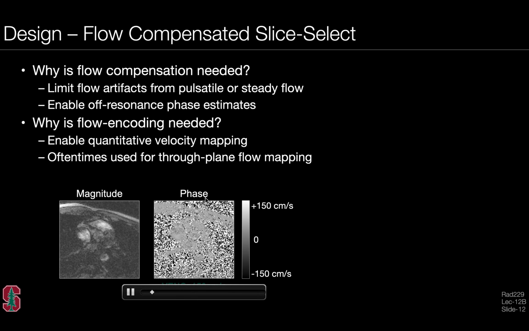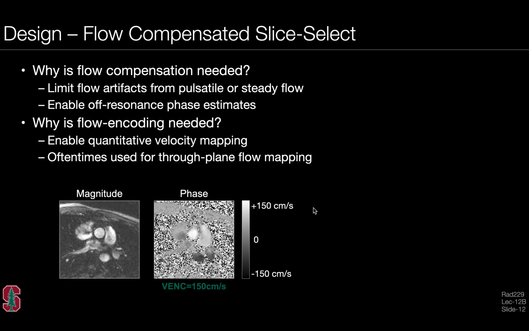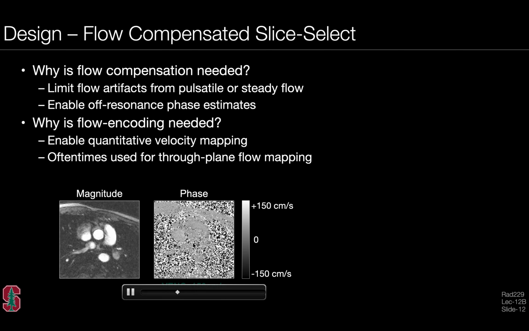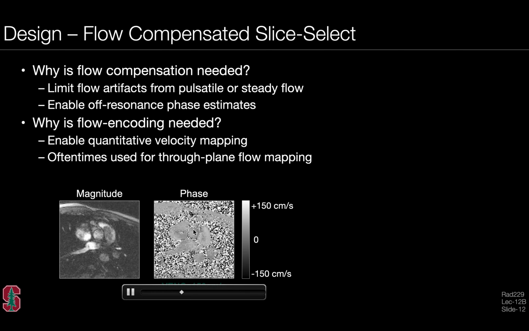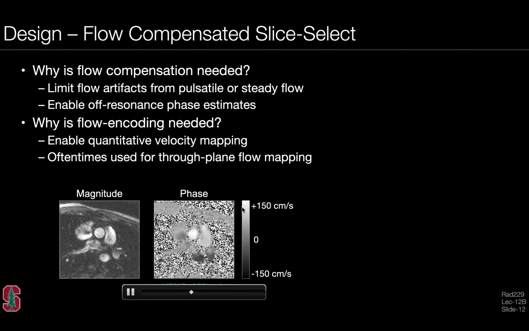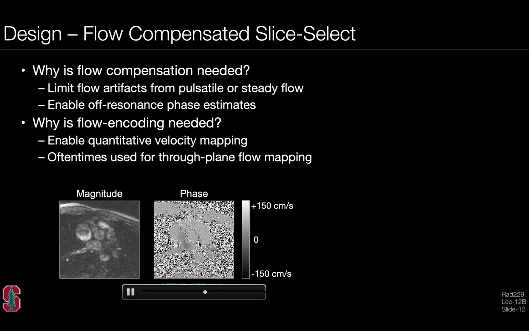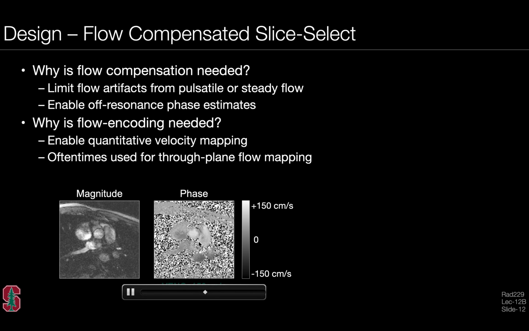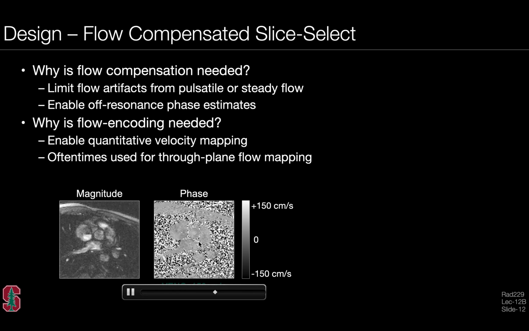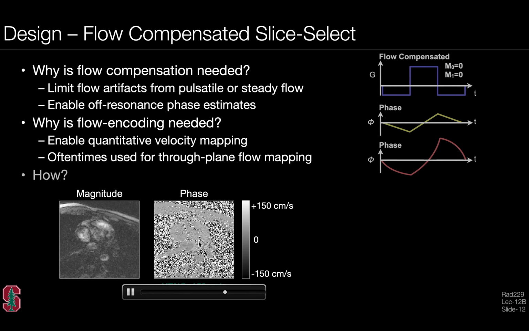And if we indeed design the first moment of our gradients, we can design the phase to be sensitive to flowing spins or insensitive to flowing spins. And in this case, we can see here in the aorta that we're sensitive to flow such that we can estimate the velocity at close to 150 centimeters per second at the peak of the cardiac cycle in this particular region. So a useful clinical technique that benefits from quantitative imaging coding.